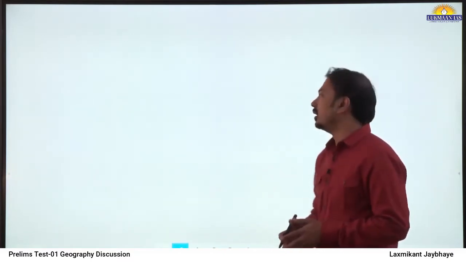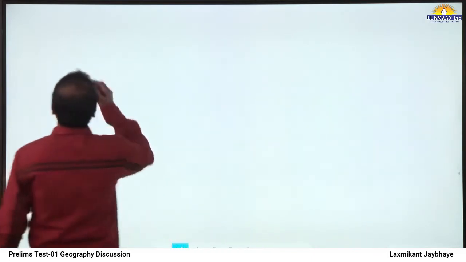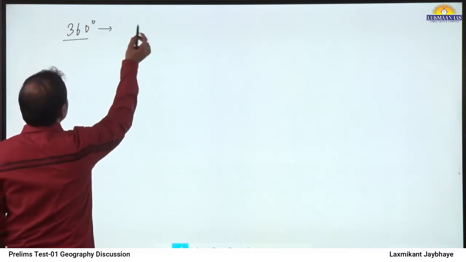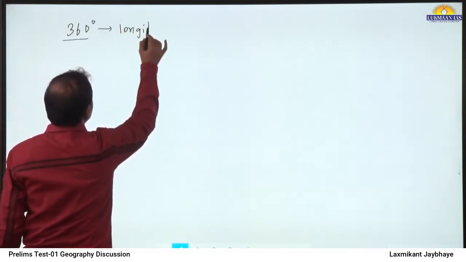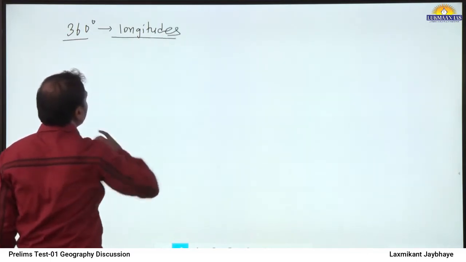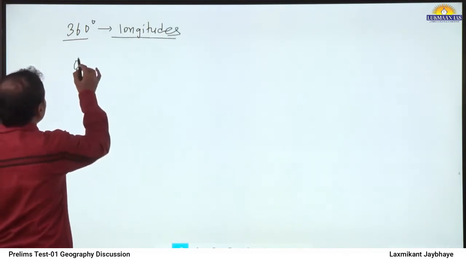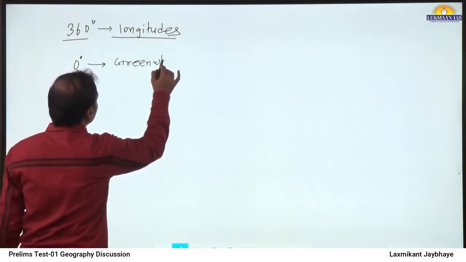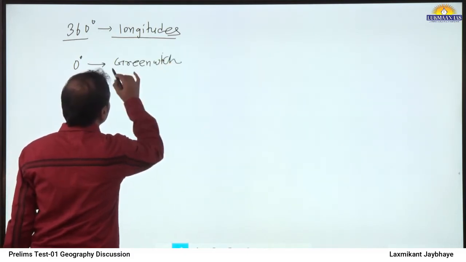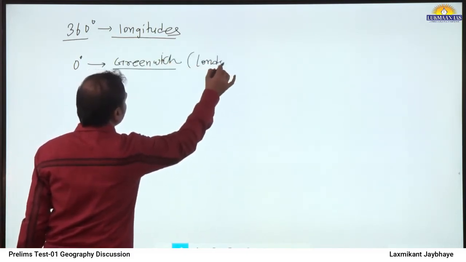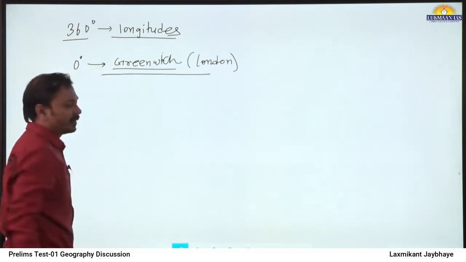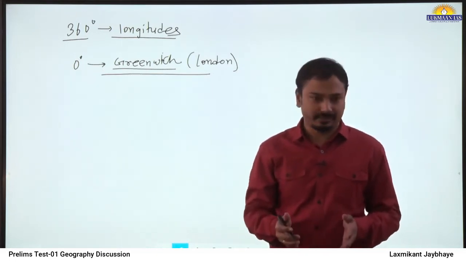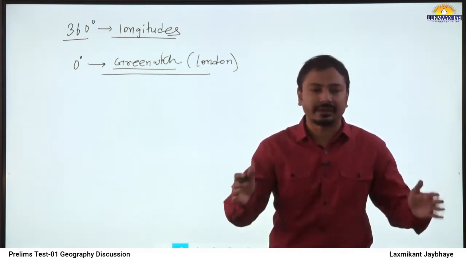We all learn that Earth is divided into 360 longitudes. The 0 degree longitude is the one which passes through Greenwich, a place near London, UK, where the laboratory is, and there we consider the reference time for calculating all the times of different time zones.